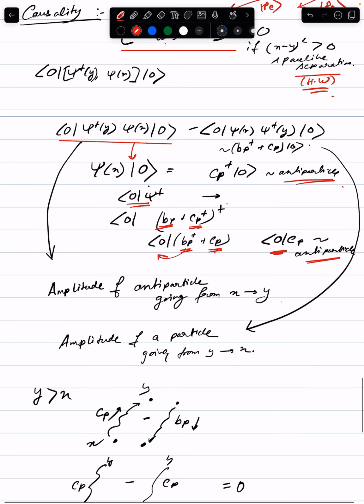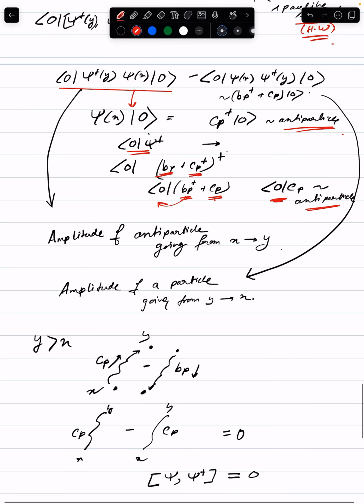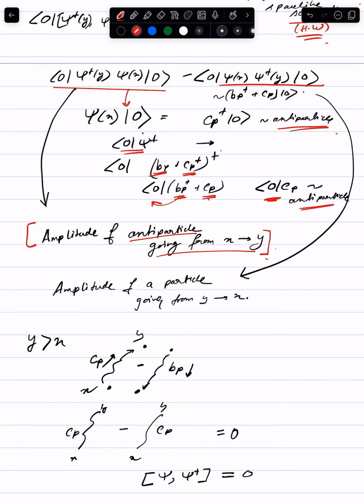So the interpretation of this whole term is the amplitude of an antiparticle going from x to y. And likewise this term, which is the opposite, it has dagger here and not dagger in the first part, you can check, has the interpretation of an amplitude of a particle going from y to x.